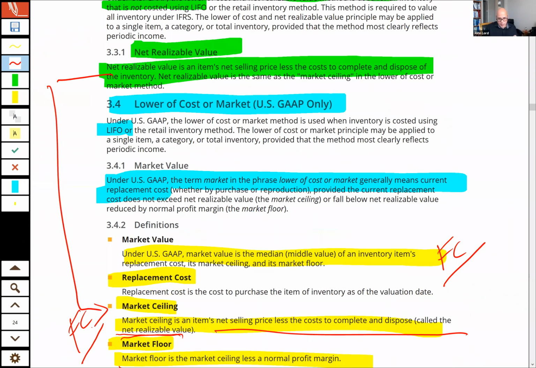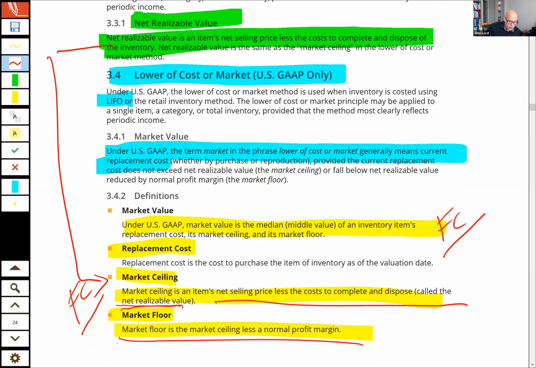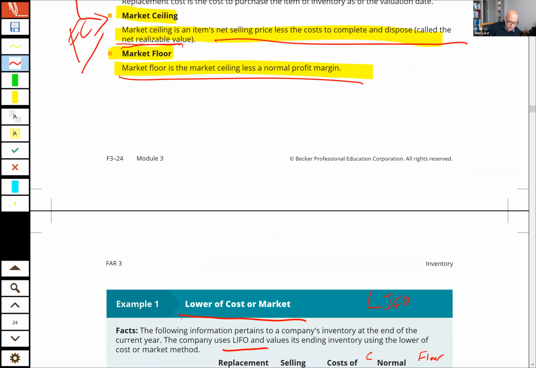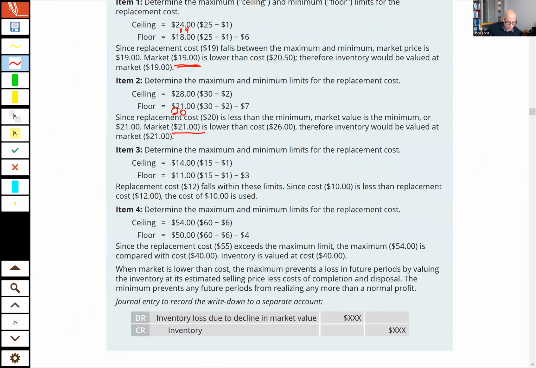So now you don't have to calculate the floor and compare it to replacement costs, etc. You just look at the net realizable value and you compare that to the cost. And if the net realizable value is lower, you write it down to the lower net realizable value. If the cost is lower, you just leave it at that lower cost. Okay, so let's just look at the next page over.